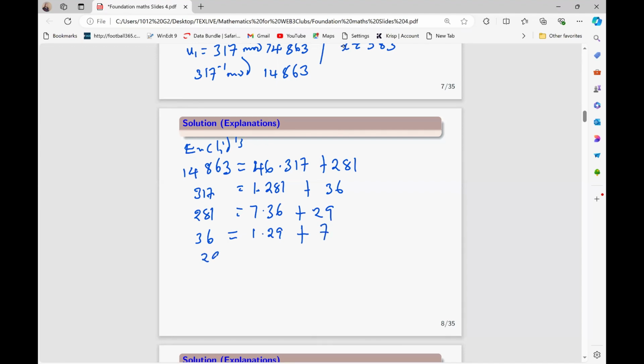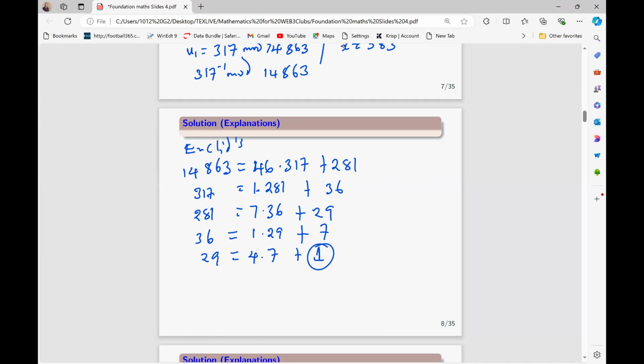Then 7 into 29, 4 times, and that will be 28. The remainder is 1. So this is the GCD.